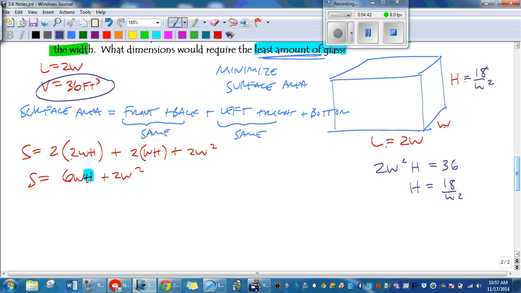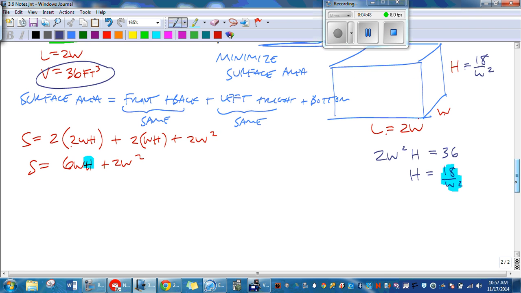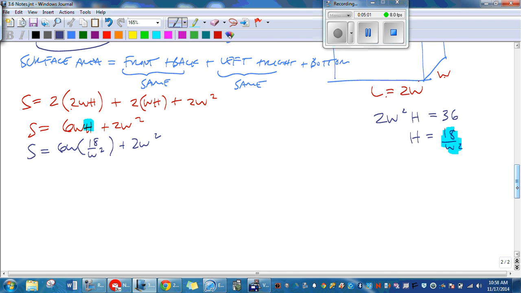So what we're going to do is take that and substitute it in for H over here so that everything is in terms of W. So we have 6W times 18 over W squared plus 2W squared. So this W is going to cancel out with one of the ones there.